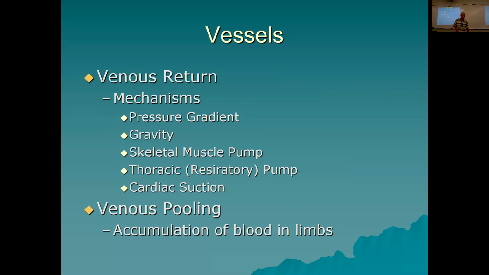If you have right cardiac failure, in the right side of your heart, then that will cause pooling in extremities. Failure of the left ventricle will actually cause pulmonary edema. Okay.